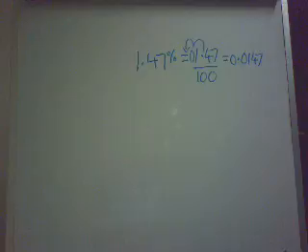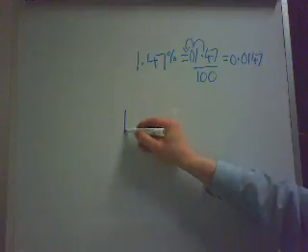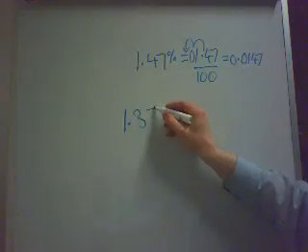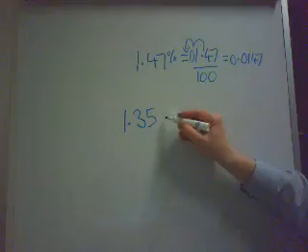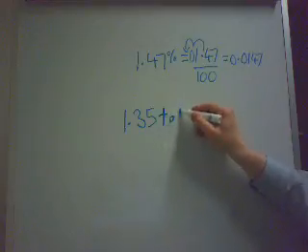The 1.35 to 1 decimal place, using rounding to even. So 1.35 to 1 decimal place.